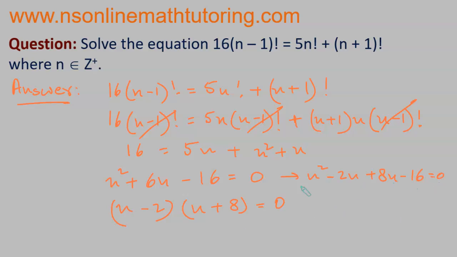Okay, and then you will be just grouping these two terms and these two terms. You come to this step. Minus 2 times 8 is minus 16, and minus 2n plus 8n will be giving you plus 6n. Okay, so this is the factorized form, and from here we get the two values of n. They are n equal to 2 or n equal to negative 8.